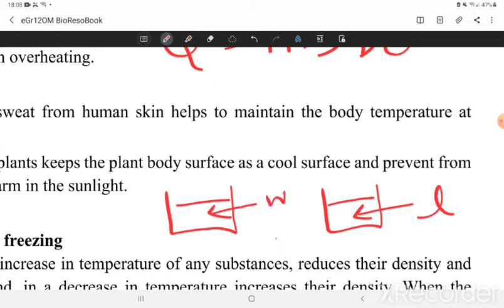Now the specific heat capacity of water is SW. The specific heat capacity of the liquid is SL. If SW is greater than SL, right? And they say a heat of Q is supplied to these containers, to the water and to the liquid.